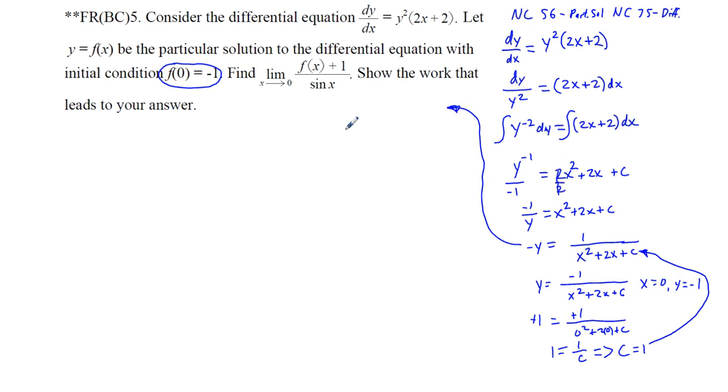So we're going to have y equals negative 1 over x squared plus 2x plus 1.